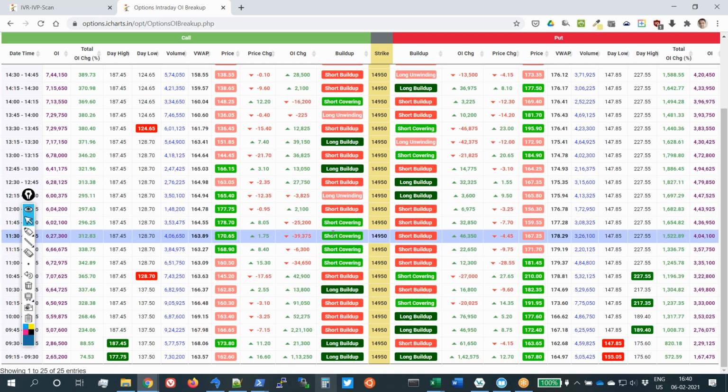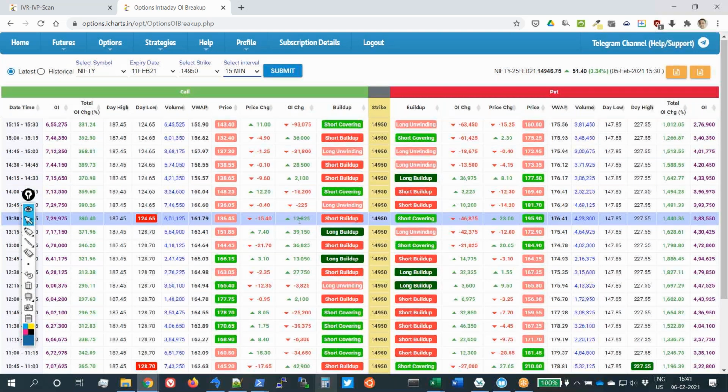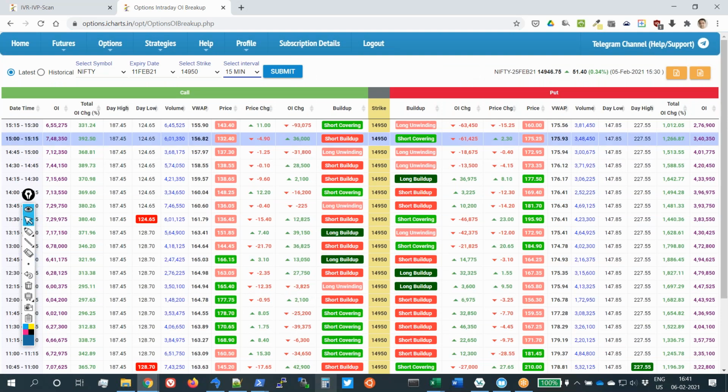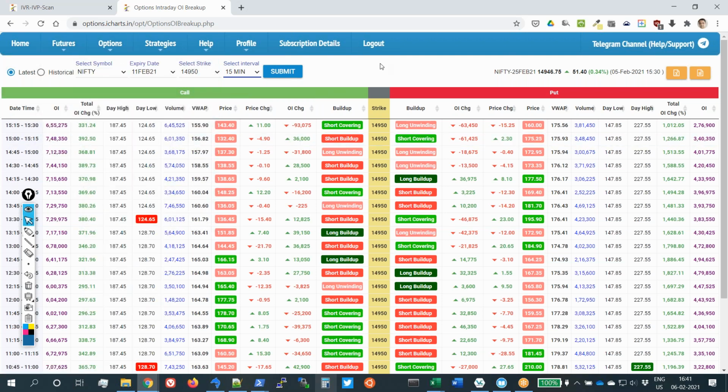Scalpers use this a lot for scalping. It is useful then, but you need to be on a lower time frame, and you also need to look at other things. So I would strongly suggest to stick to total PE OI, and then just go for price versus OI, and then enter using that.